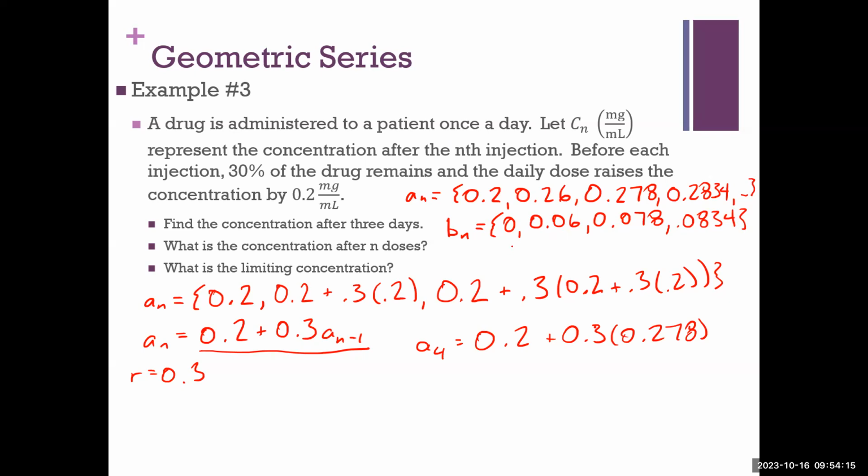Now, what do we think about b? So if I were to delete the 0 from it, I think we're going to have to pick this up on Wednesday. Let me ask you one more quick question. Do we think this sequence b sub n, disregarding the 0, is going to be geometric? What would I have to multiply 0.06 by to get 0.078?